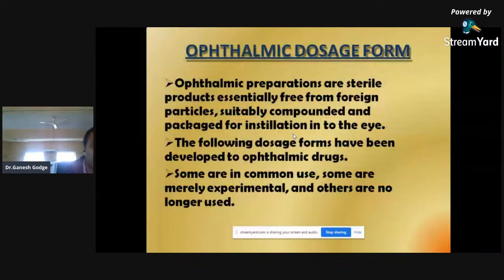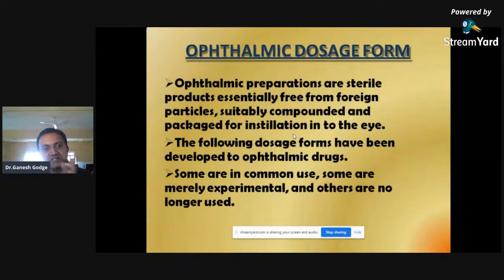Now, ophthalmic dosage forms. After the mechanism of absorption, straight away we'll discuss our dosage forms, because most prominently, in examination, they will ask you about dosage forms. Write a short note on various ophthalmic dosage forms, either conventional or new ophthalmic drug delivery systems. Many times they may ask you to differentiate between conventional ocular preparations and novel ocular preparations.